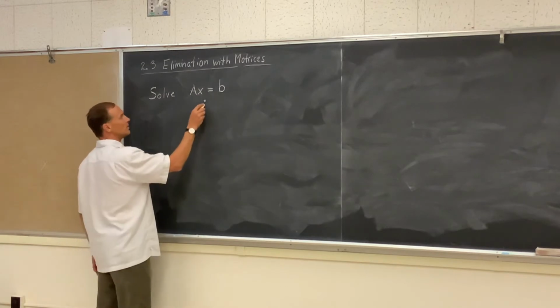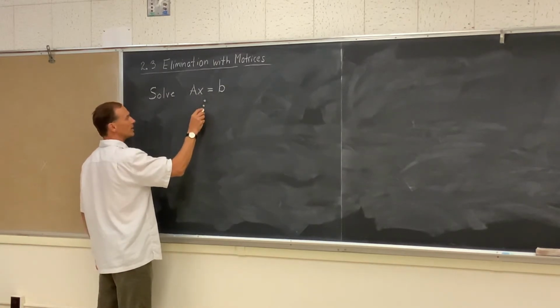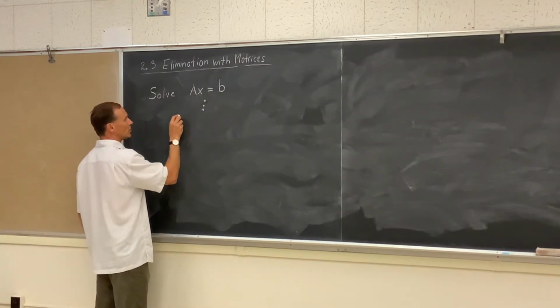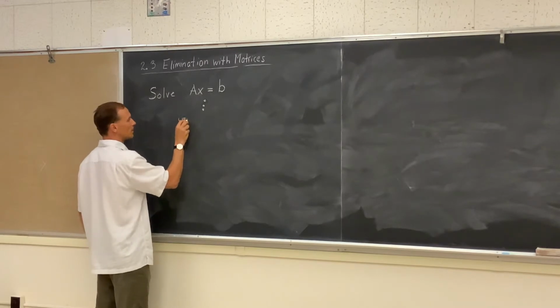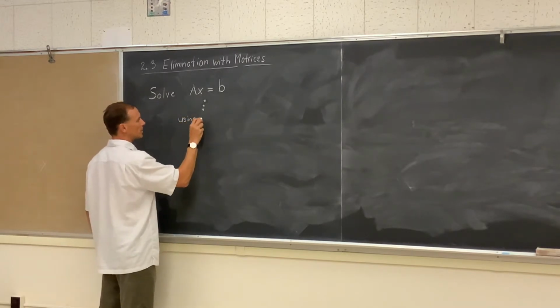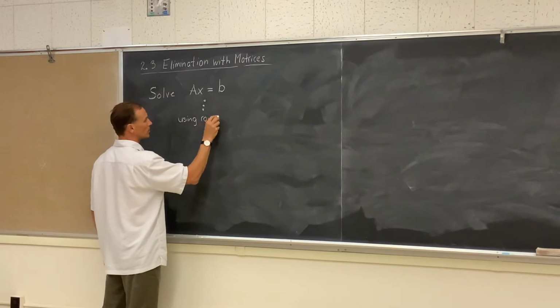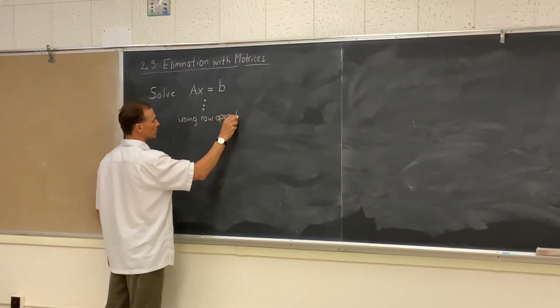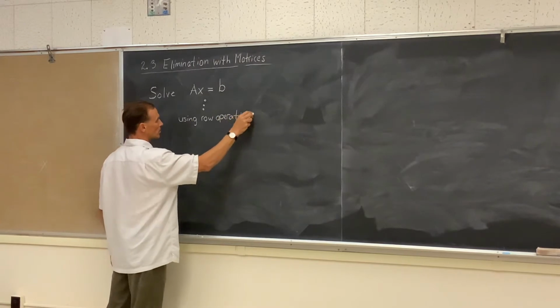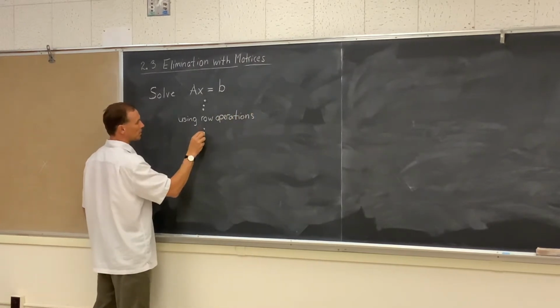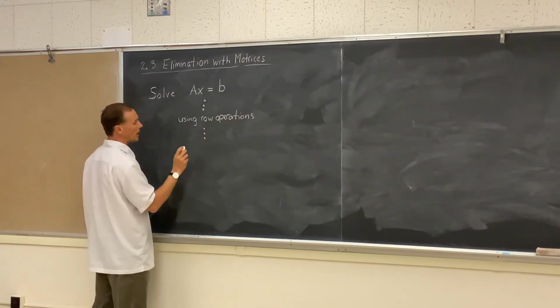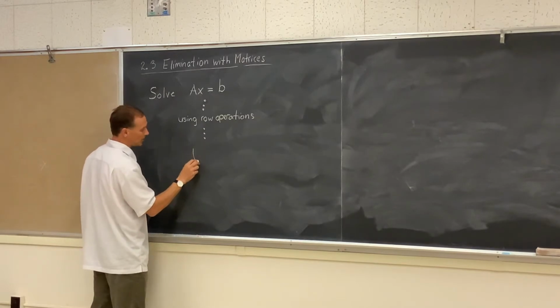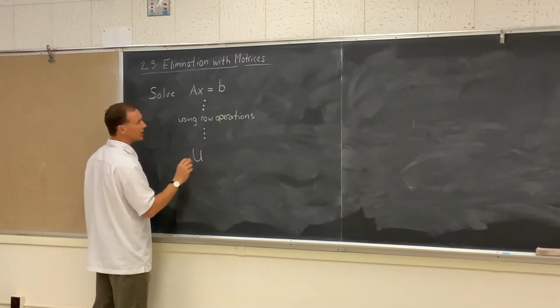And so what we would do is we would come down here, and so using row operations, we would end with this result. We had an upper triangular matrix.